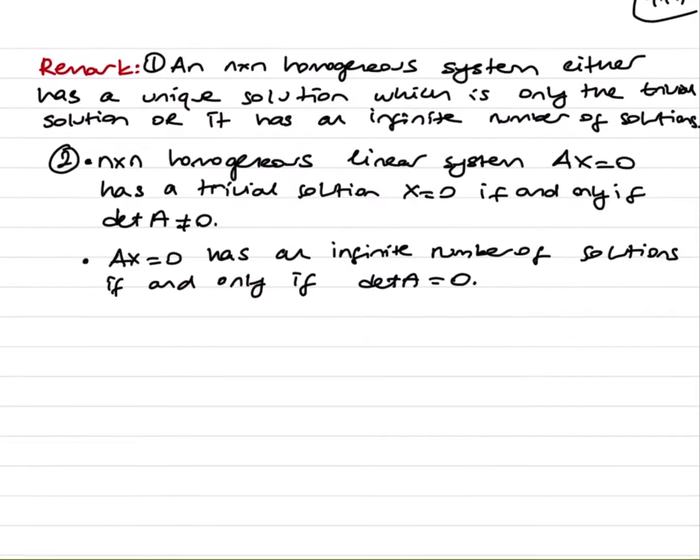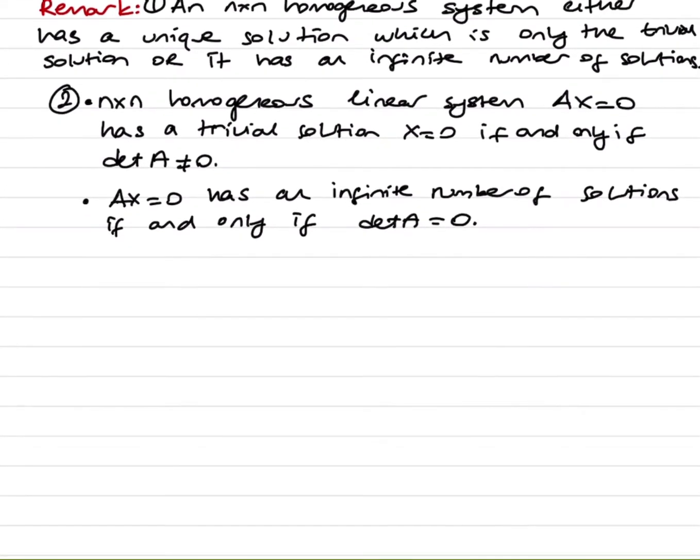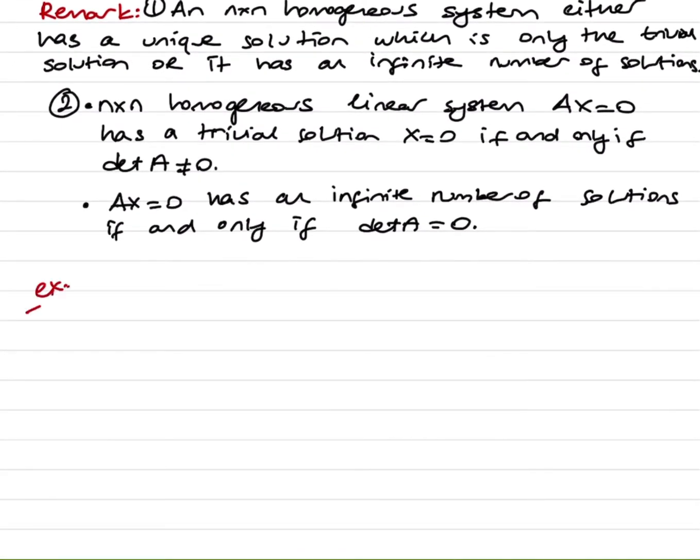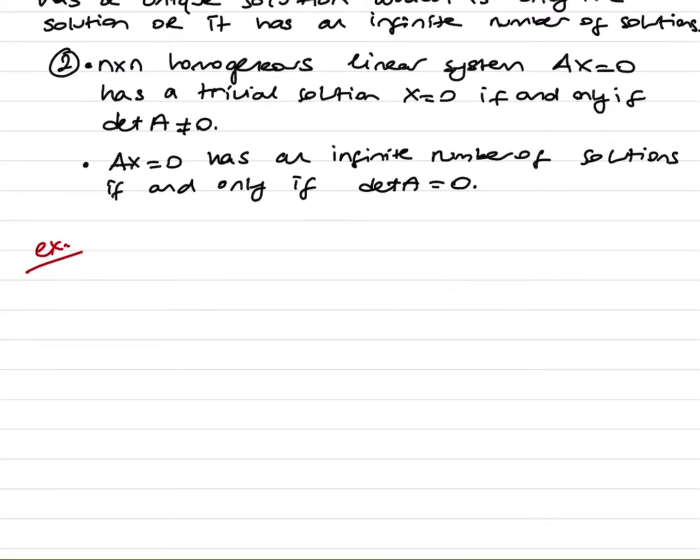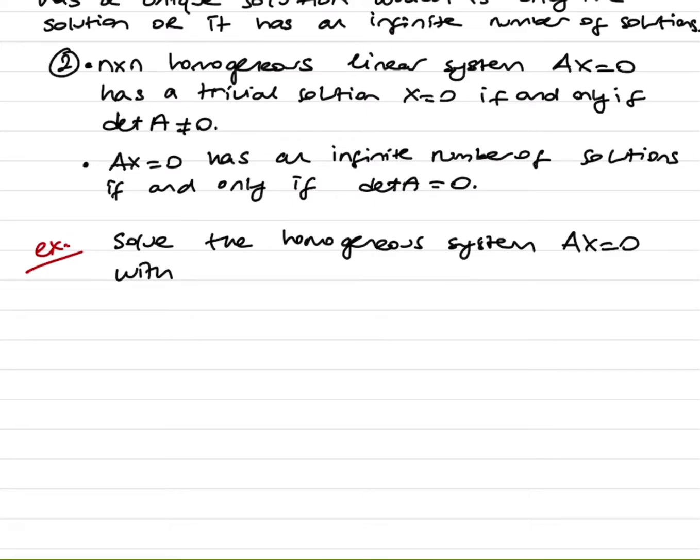Okay, let me give an example so you will understand better. Solve the homogeneous system Ax is equal to 0, with a given augmented matrix.